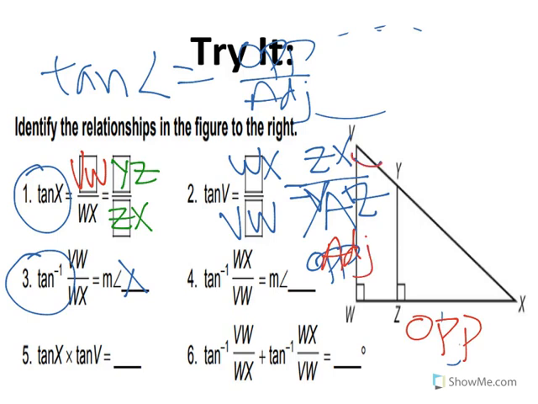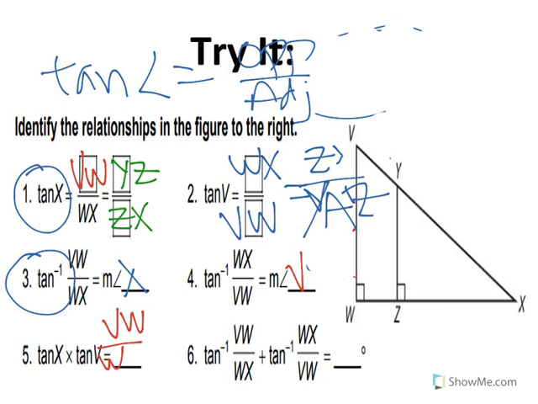So that means we're looking from angle V. Okay, and then for number 5, we have tangent X times tangent V. Given tangent X is VW over WX times tangent V, well, tangent V is WX over VW, and by the cross product, they will all reduce to 1.